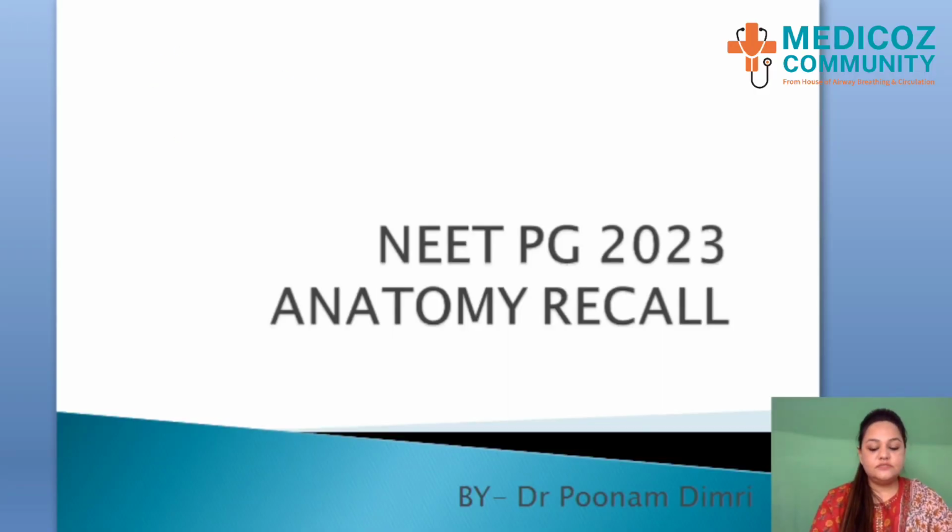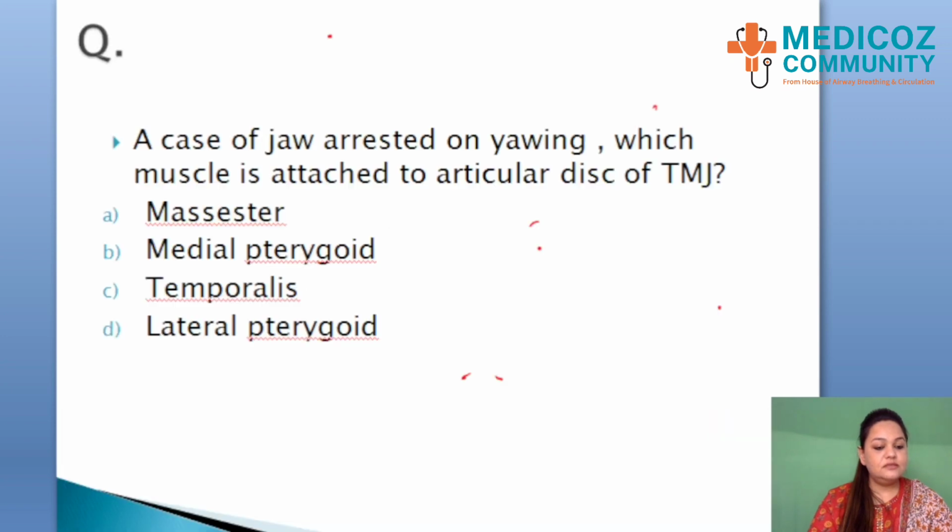Okay, so here comes the first question, that is a case of jaw arrested on yawning. Which muscle is attached to the articular disc of temporomandibular joint? Here we have a case of stuck jaw on yawning, which means opening of the mouth, and opening of the mouth is caused by the depression of the mandible.